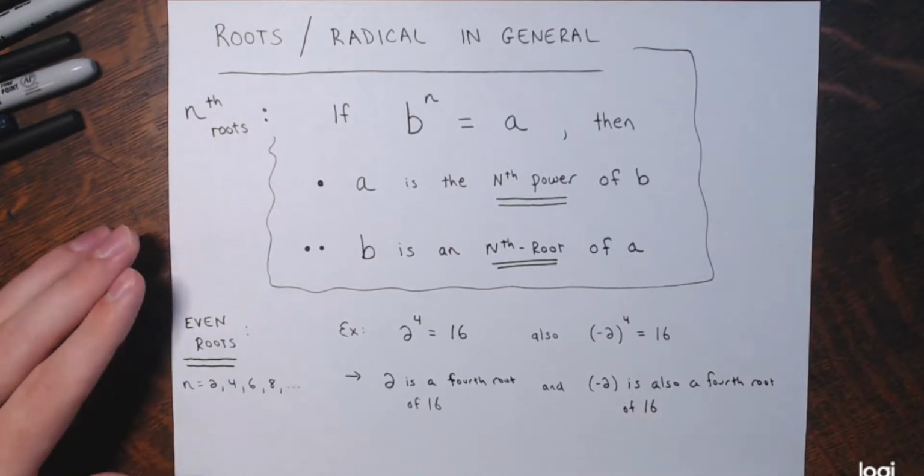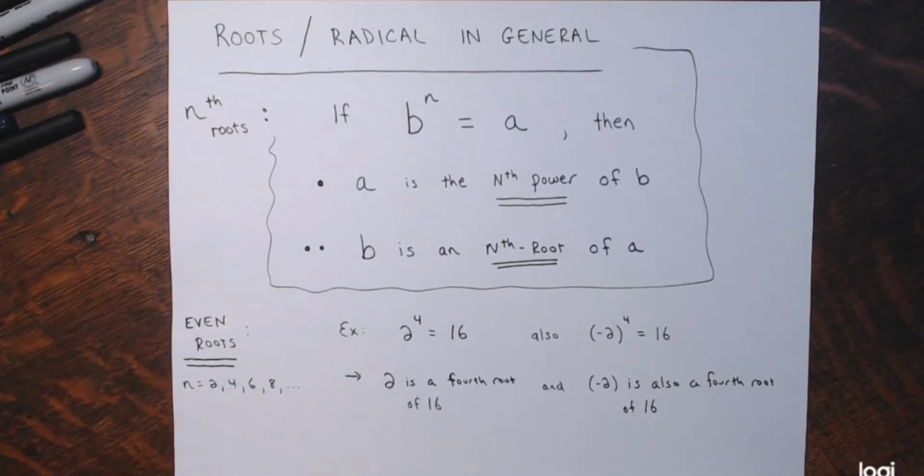And this will work for any even power. The positive number to that even power will be the same as the opposite number to that same even power. Both 16 here.